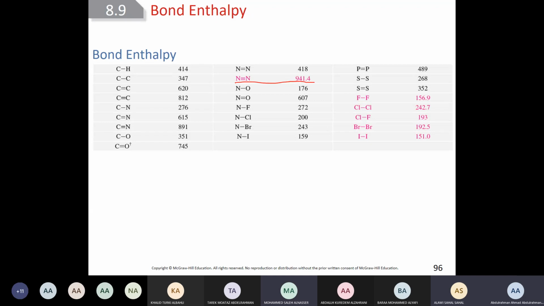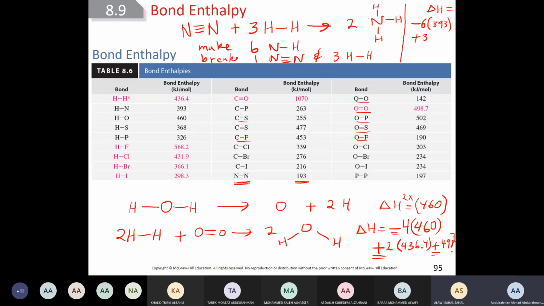So plus 1 times 941.4. Very good. And then plus 3 times what? 436.4. And that's it. You add them together and you have the answer.